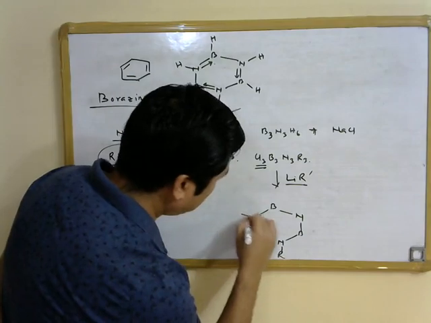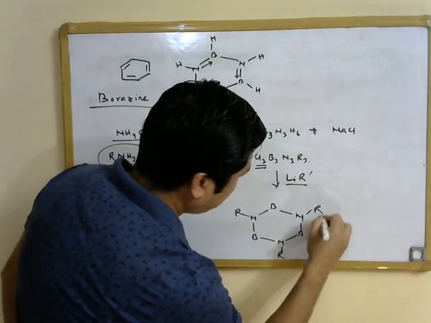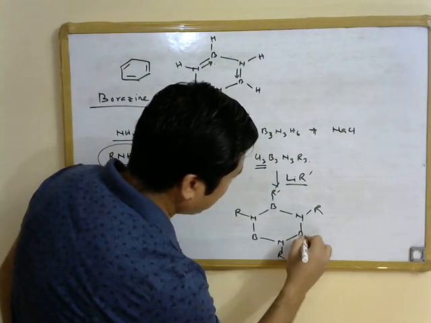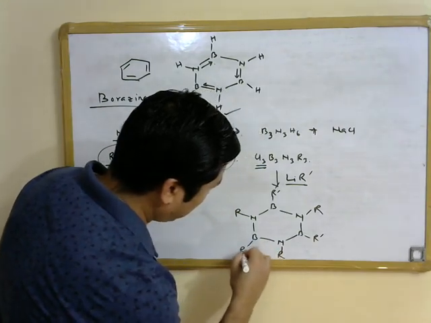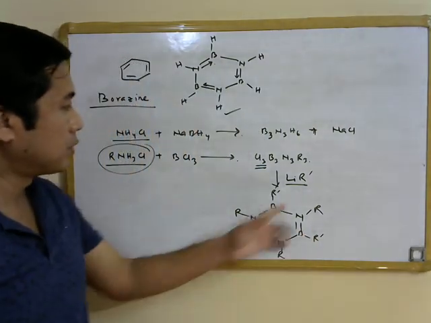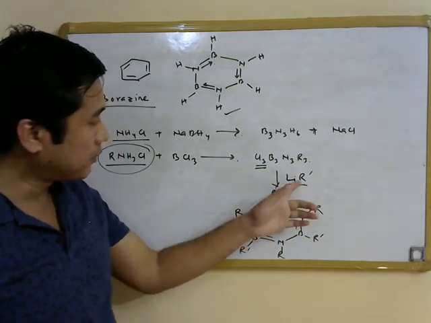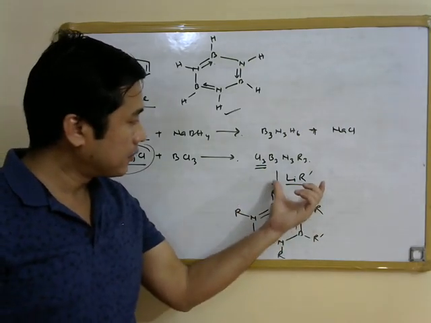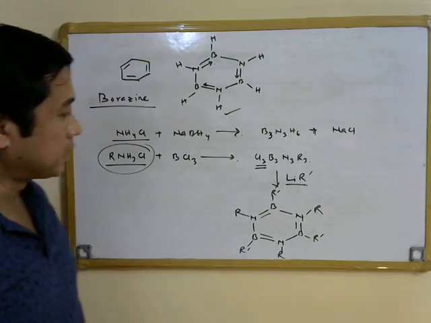So this is R attached to nitrogen, and here we will have the R-substitution of the Cls with R- can be achieved by using lithium Li R- here as the reagent.